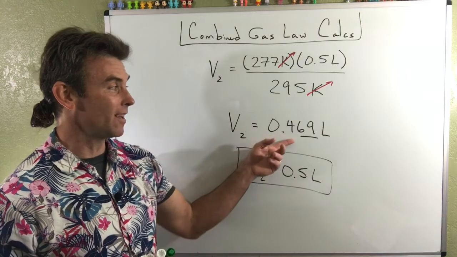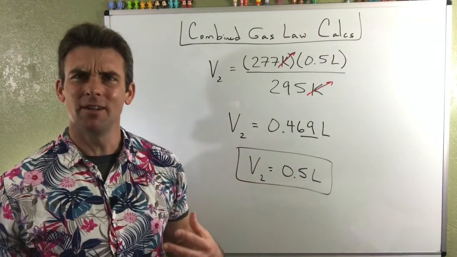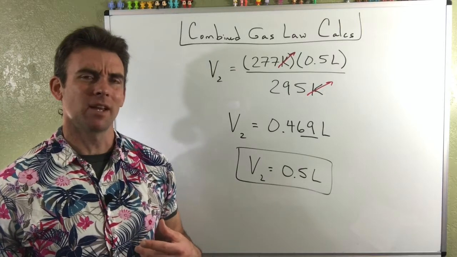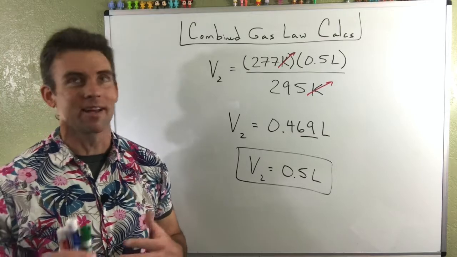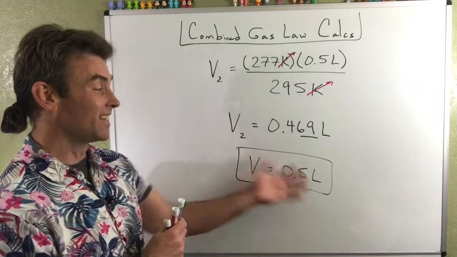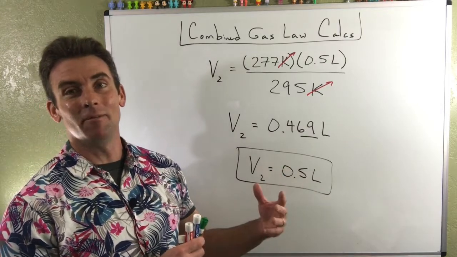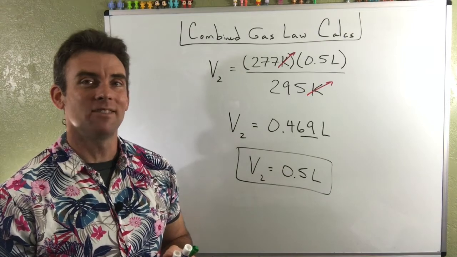It did go down a little bit. But the only way that you'd get a real observable volume change for something like this is if you use something that was incredibly cold, like liquid nitrogen, or alternatively started with something really, really hot. So believe it or not, even though this is the same number we initially had, it all sniffs right and all the math seems to be working.